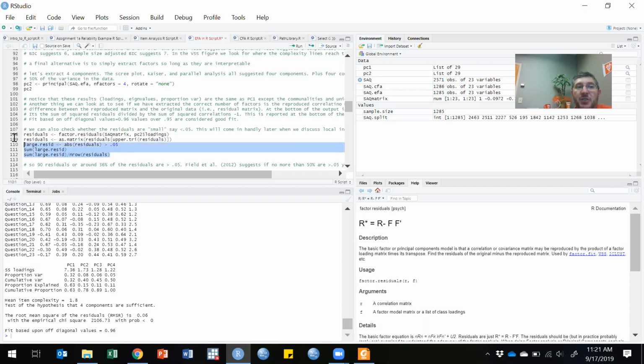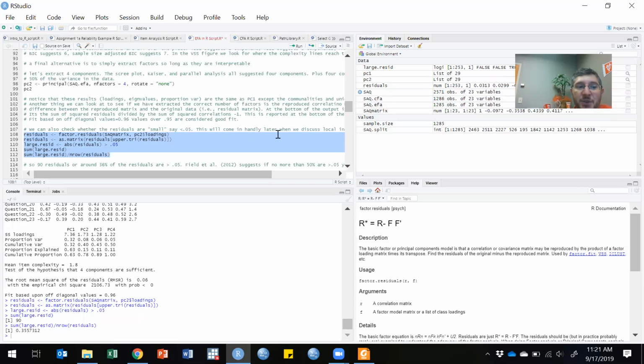And then I want to count the number of large residuals and get the proportion of the total number. So we had 90 residuals greater than 0.05, and that ended up being around 36% of the residuals.